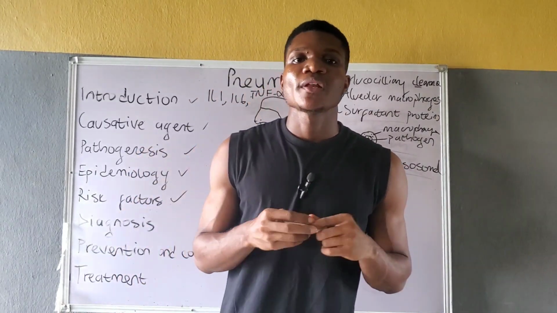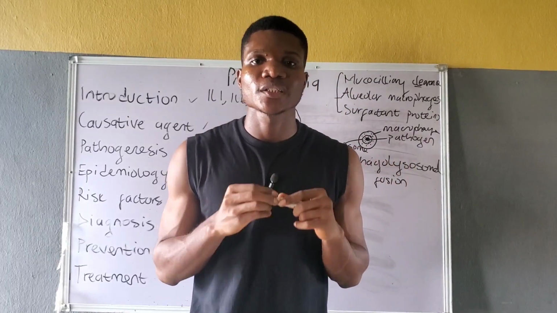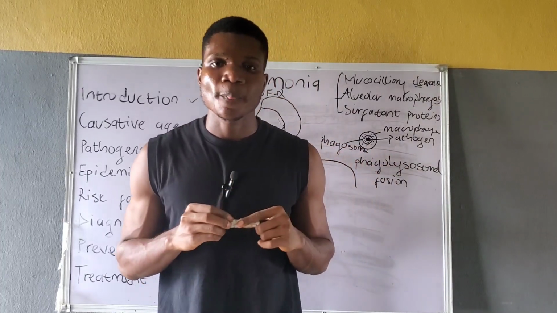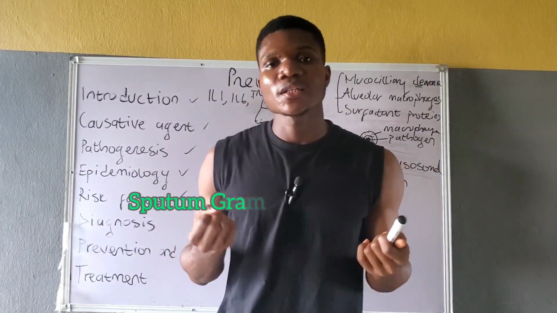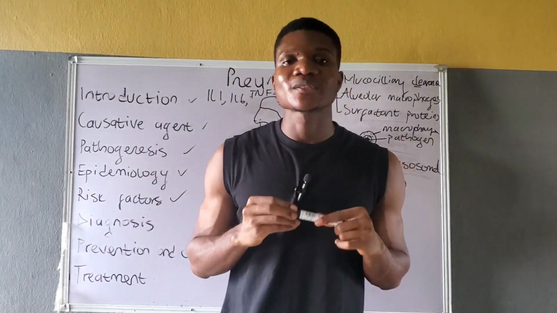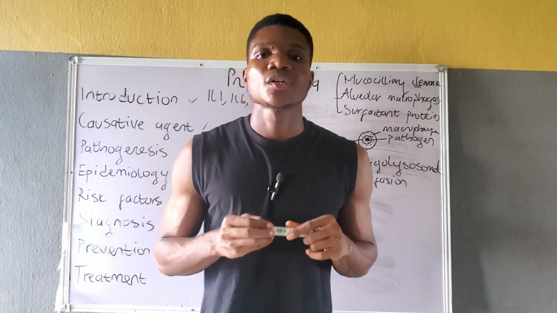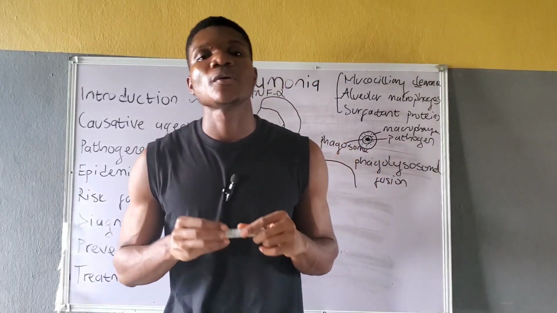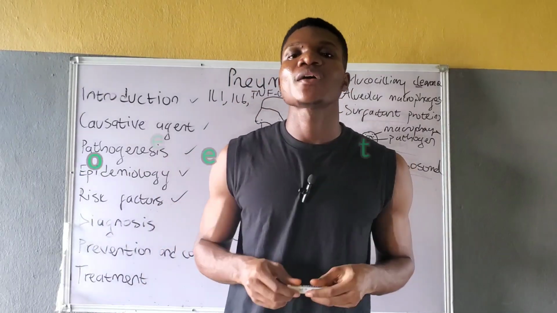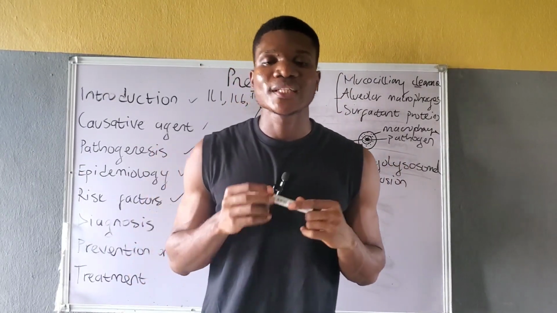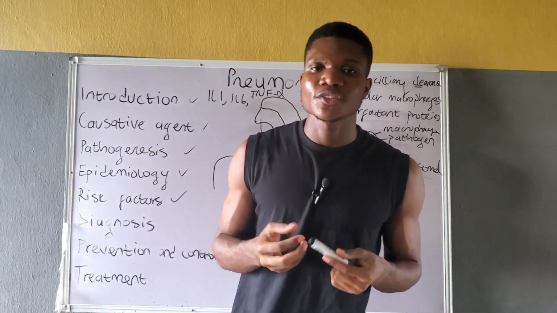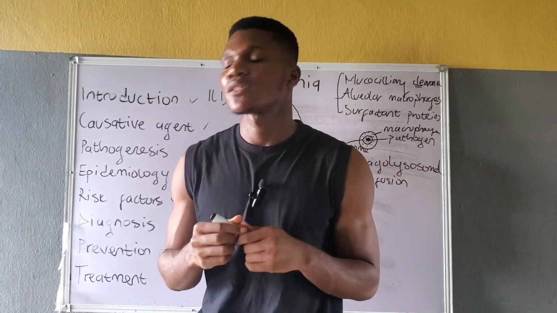Liver and kidney function tests are also performed to assess the severity of pneumonia. Also, sputum Gram staining and culture, as well as blood culture, are carried out to detect bacterial etiology of infection. Also, polymerase chain reaction, that's PCR, is carried out to detect viral pathogens and also check viral load as well. Bronchoalveolar lavage is also done for severe and hospital-acquired cases.